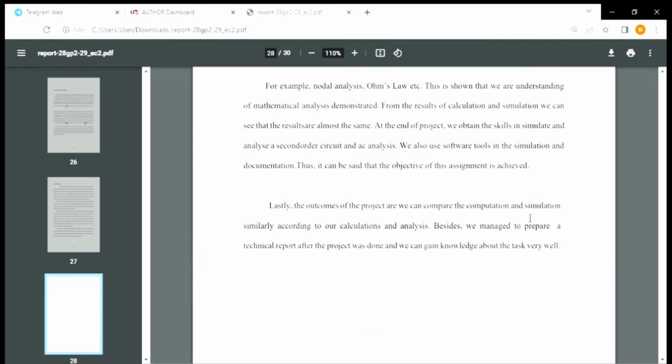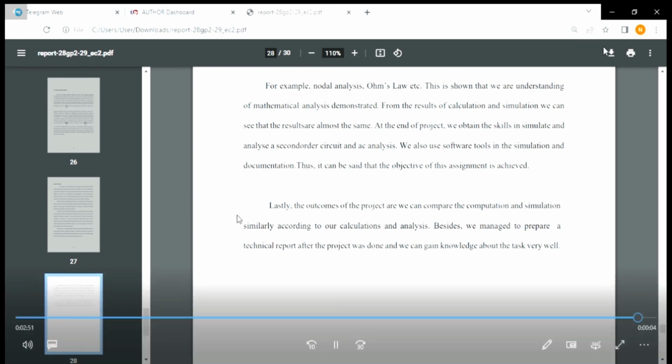So, lastly, for the outcomes of the project, we can compare the computation and simulation similarly according to our calculation and analysis. Besides, we can manage to prepare a technical report after the project was done, and we gain knowledge about the task very well. So that's all from me. Thank you.